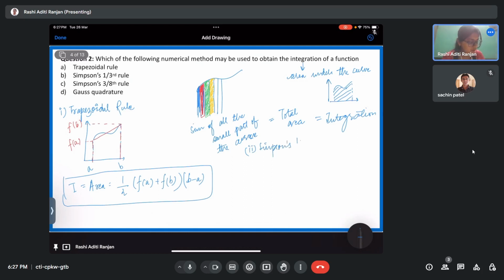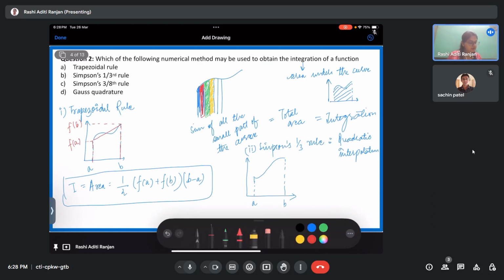Simpson's. Here we assume quadratic interpolation instead of linear variation, right? So in this case, if I have a function f, again I have a, and then I have the variation like, let us say this is my b.